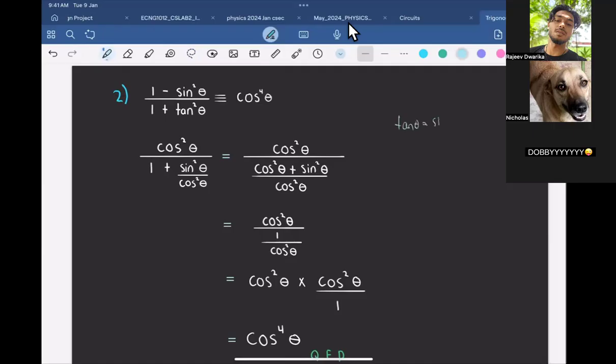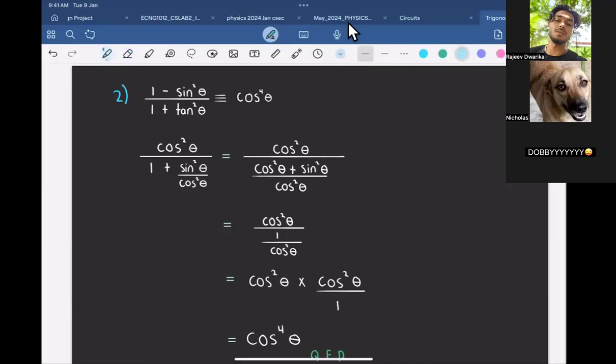So if tan theta is sine theta over cos theta, then tan squared theta will be equal to sine squared theta over cos squared theta. In the topic we are doing right now, trigonometric proofs, your objective is to replace everything that doesn't look like sine and cos with sine and cos. So we're not going to leave it as tan.